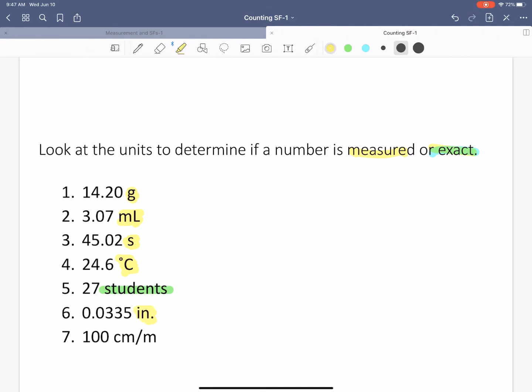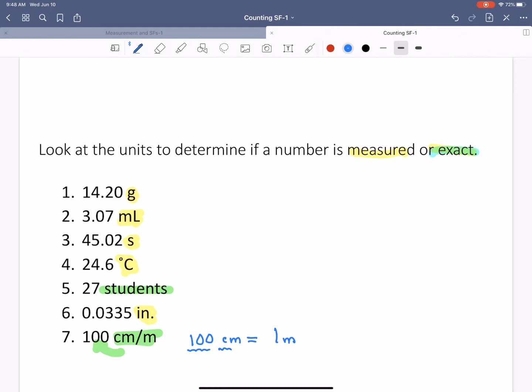That's something we measure. Number 7, we have a combination of units, centimeters per meter. And so we look and see if that number makes sense. Does that make sense? Yeah, 100 centimeters equals 1 meter. And anytime we have a relationship using metric prefixes, those are exact.